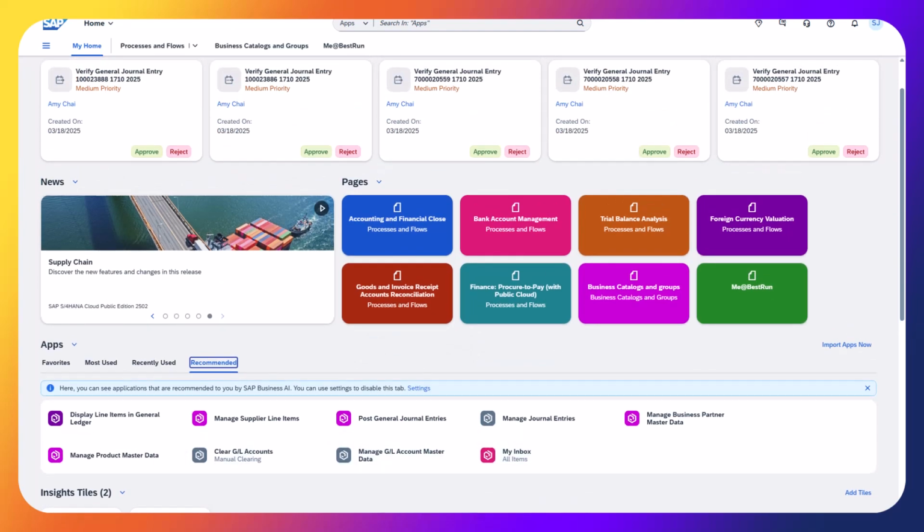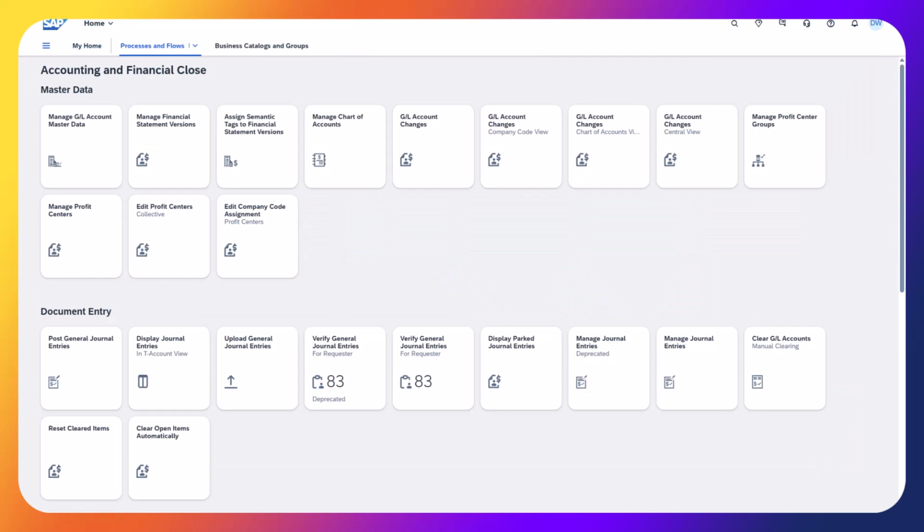Let me just show you the scope of this course. In this course, we are going to look at accounting and financial close. And as you can see, now you can have a process flow where you group transactions together that support a certain process.